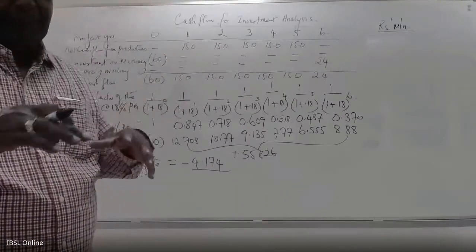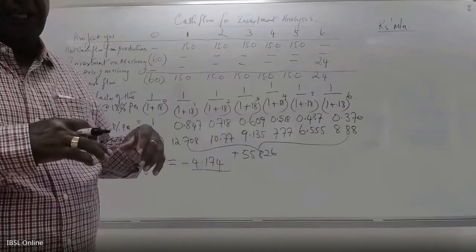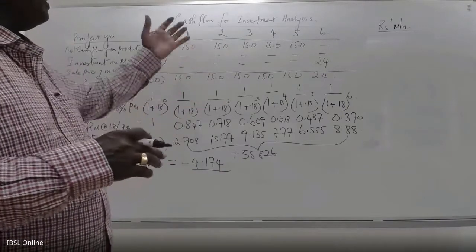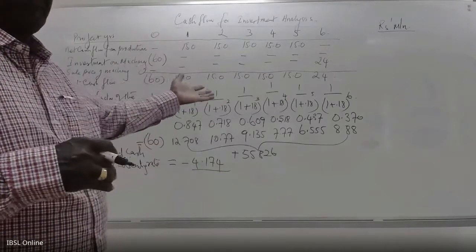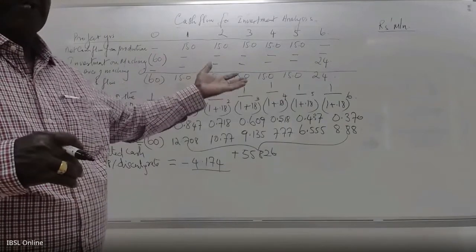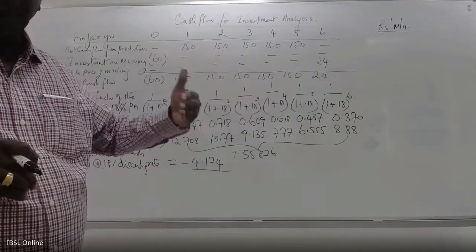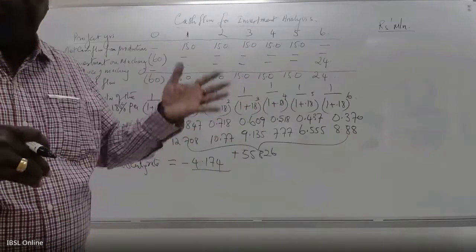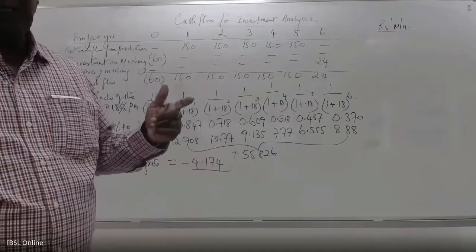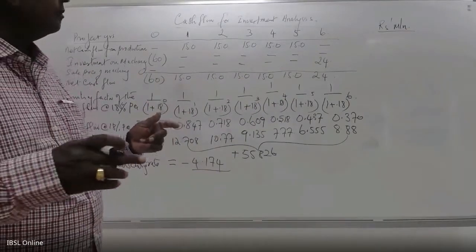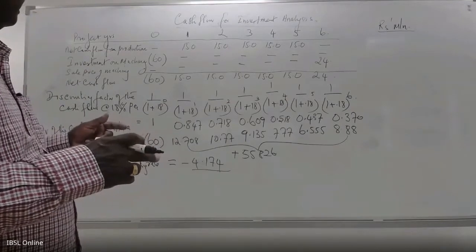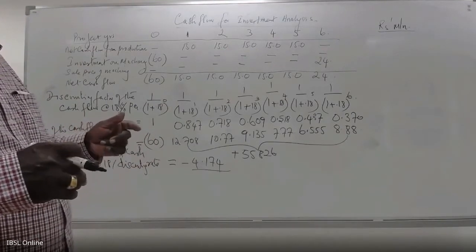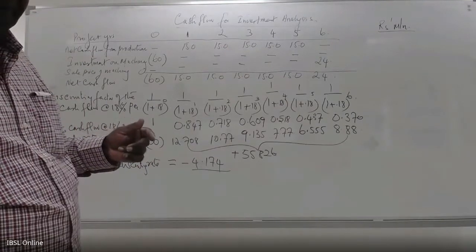There are some more things we are going to learn now. Or you may get a problem like this: apply net present value and find out whether this project is worthy. So you have to do the calculation. I hope it is clear to everyone.